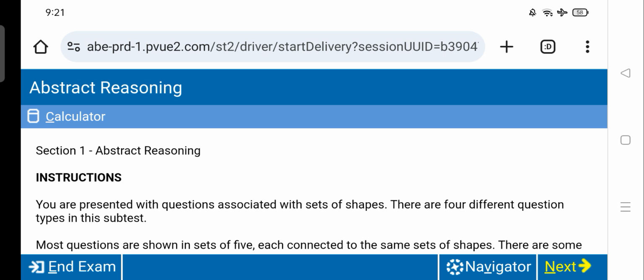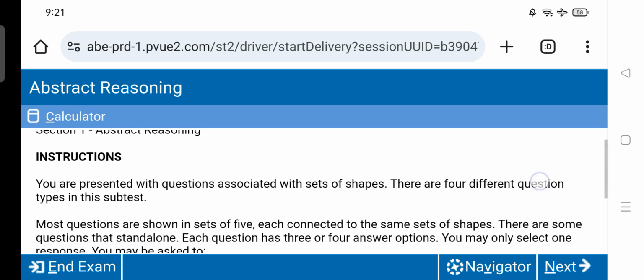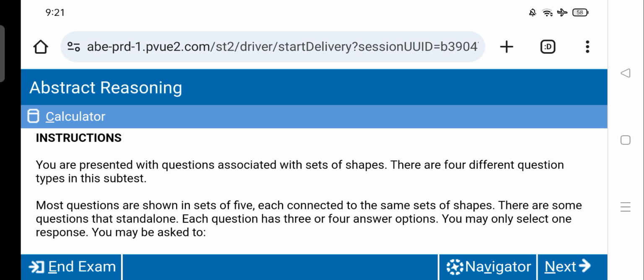Section 1, Abstract Reasoning. Instructions. You are presented with questions associated with sets of shapes. There are 4 different question types in this subtest. Most questions are shown in sets of 5, each connected to the same sets of shapes. There are some questions that stand alone.